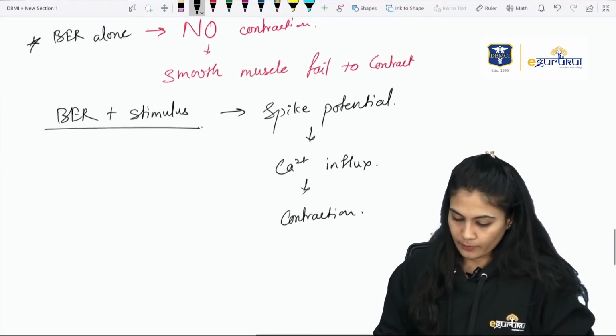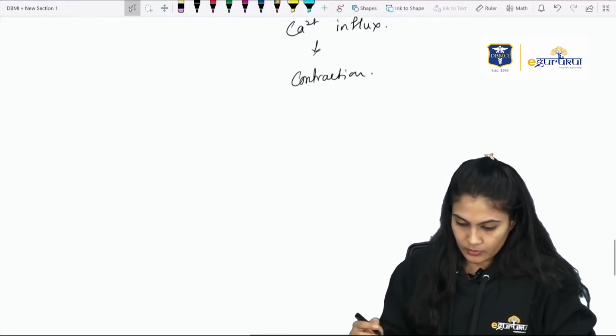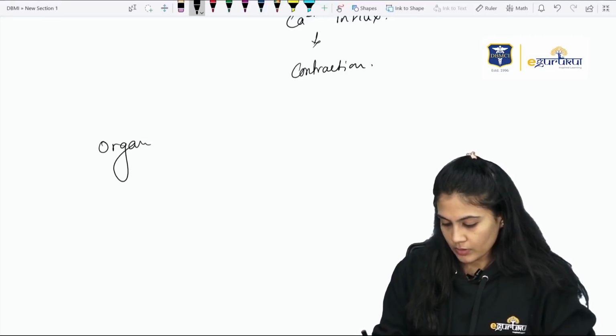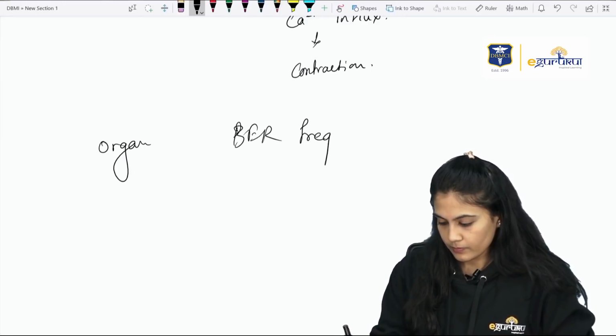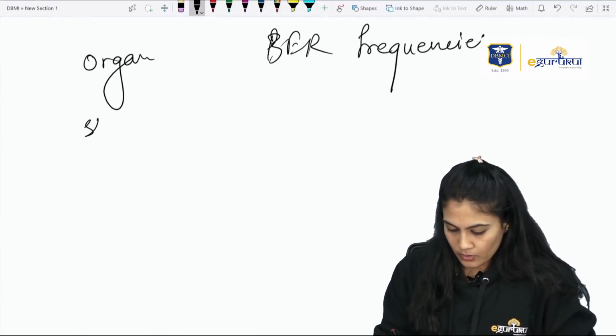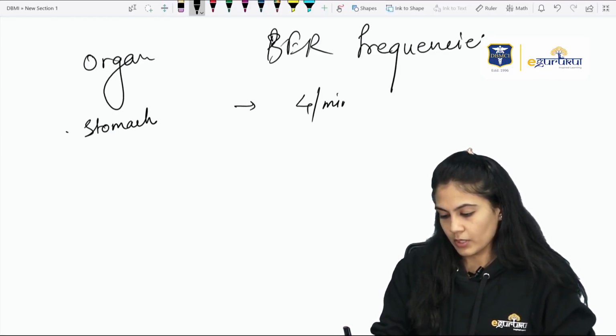Okay, so what are the frequencies of these BER? Organ-wise, you can write the BER frequency. First of all, stomach: they have 4 per minute BER.